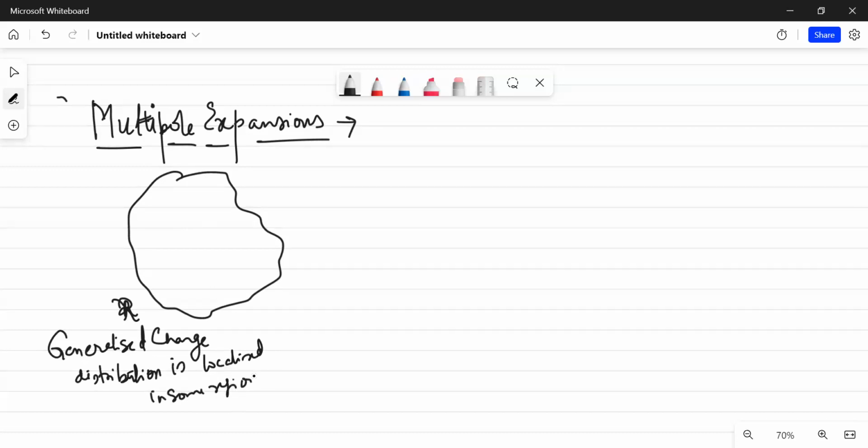And what we want to find is how the potential would look at a very far away distance.